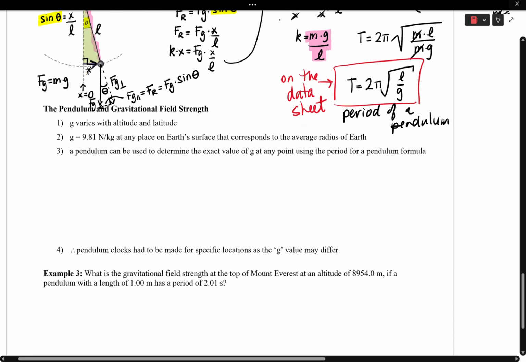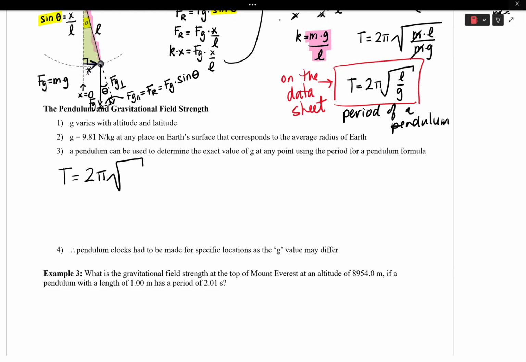We're just going to take this equation here, T equals 2 pi times the square root of L over G, and we're now going to solve for little g, the acceleration due to gravity. So the first thing we're going to do is move over the 2 pi. So we're going to go T is equal to 2 pi times the square root of L over G. So first thing we do is move the 2 pi.